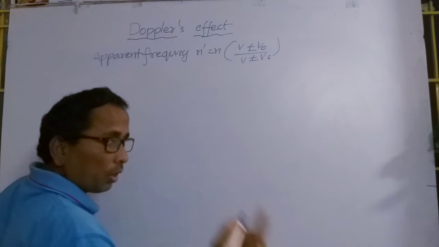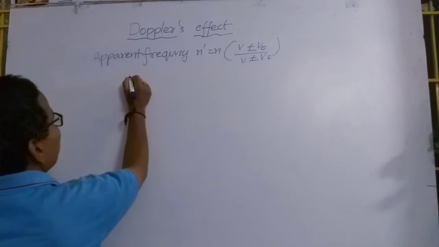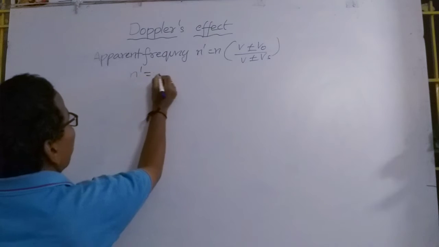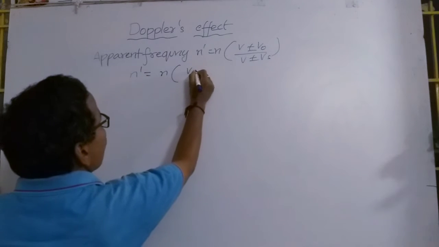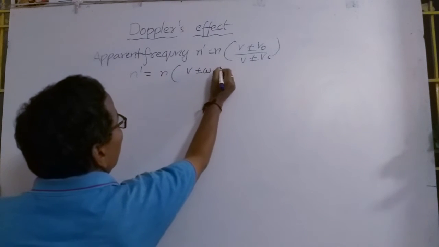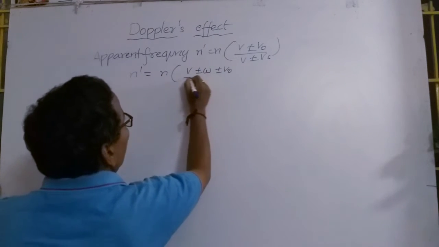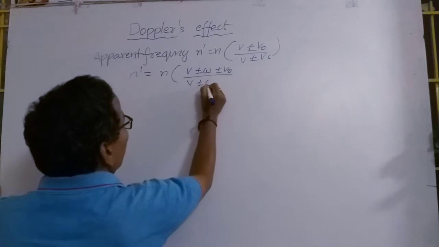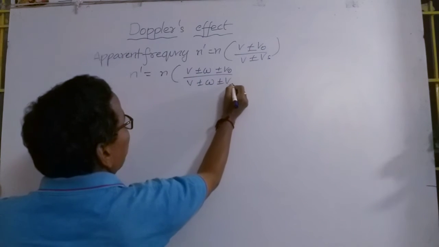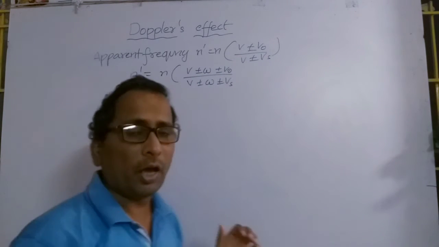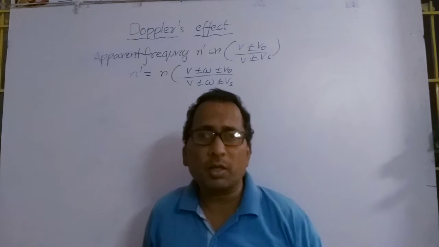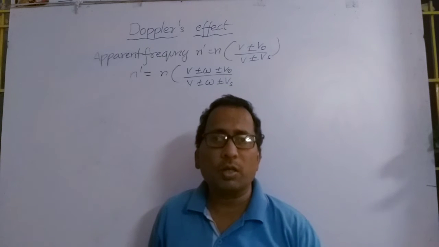If the velocity of the wind is also considered, you can write n dash is equal to n into (v plus or minus w plus or minus v naught) by (v plus or minus w plus or minus vs). Actually, in most of the cases, the velocity of the wind is not given.